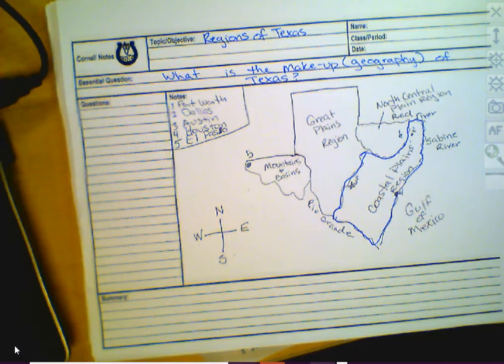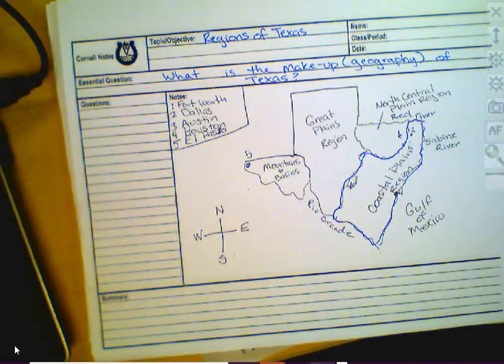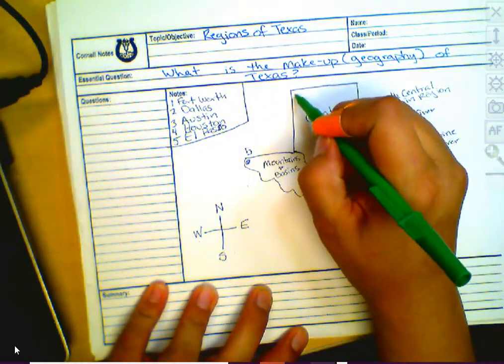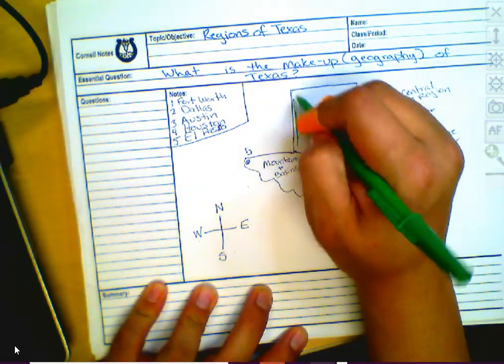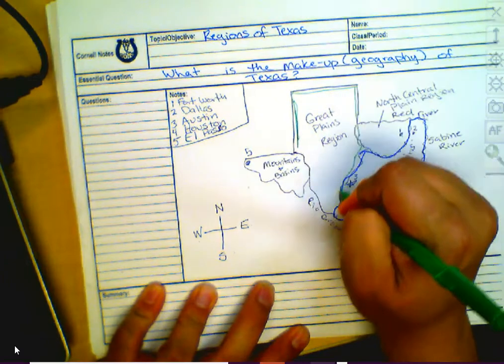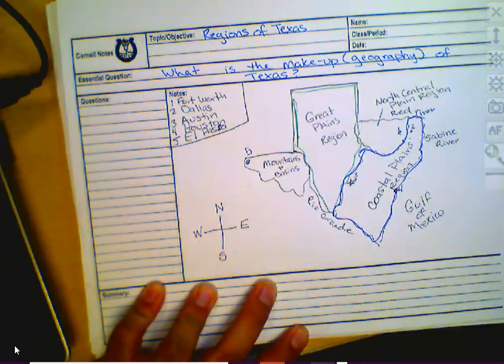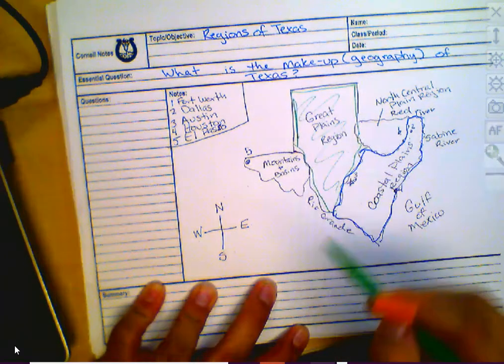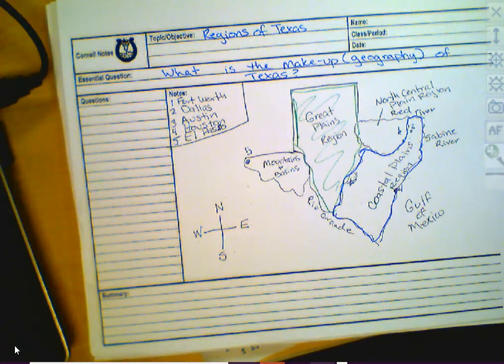Then on the Great Plains, because the Great Plains are made up of mostly grasslands, I want you to color the Great Plains green. So that will remind us that it's mostly grass plains. And that's going to come into importance when we talk about the native Texans.